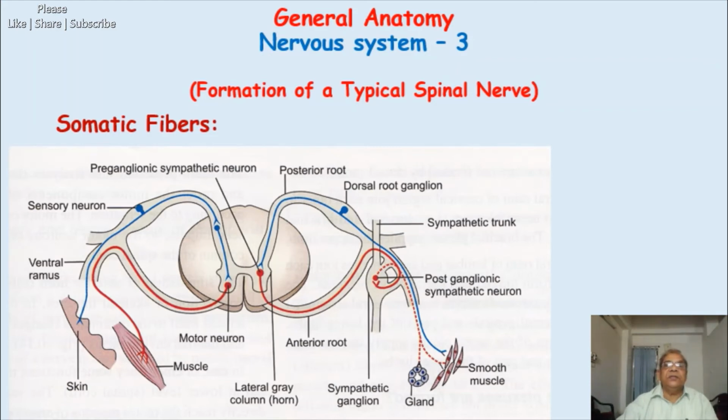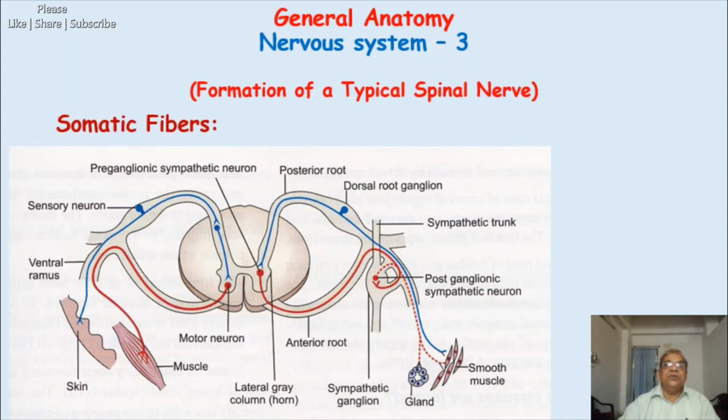Now there is a little difference between the motor fibers in somatic and the motor fibers in the visceral, or autonomic. Here there are two sets of neurons in the pathway of the sympathetic or parasympathetic motor neurons.